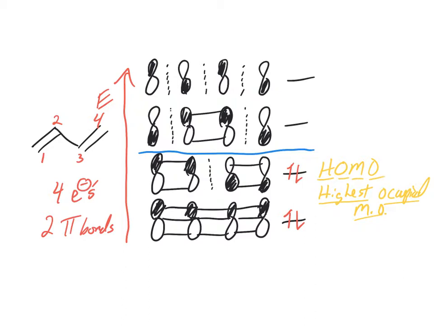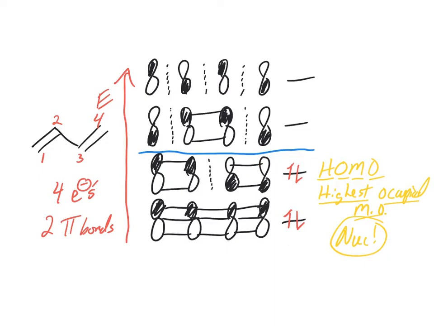And that's interesting because those usually are the nucleophiles, the electron rich. Those are the electrons that do the reactions. When we were talking about pi bonds acting as nucleophiles, we were talking about the electrons in this molecular orbital.